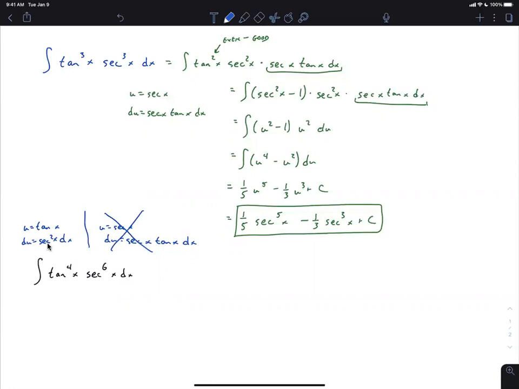So take a minute and see if you can get it from here. I'll give you a minute to work it, and then I'll start working it on the screen.